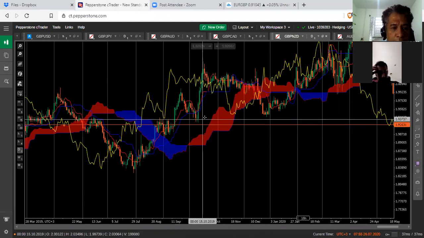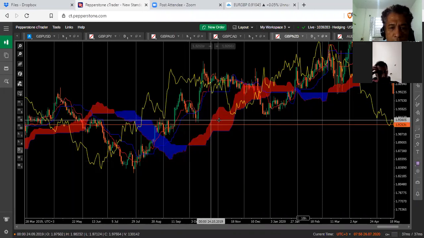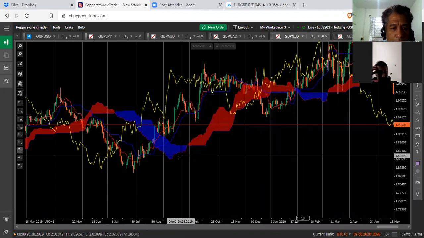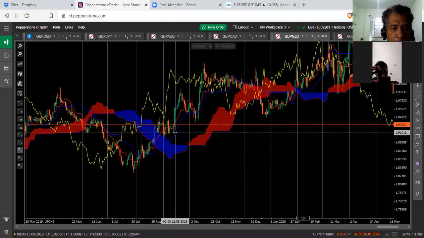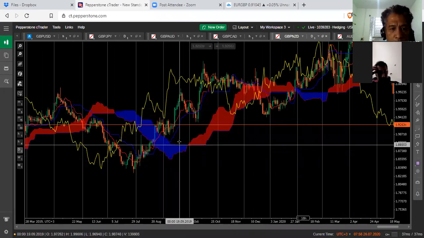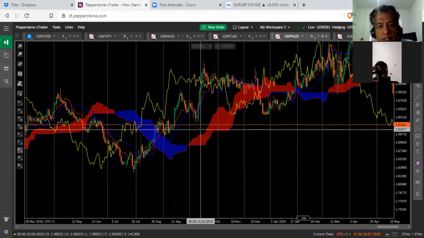Look here, just using the Chikou line, this is a good key level, right? Here, that's a good key level. Looking at the horizontal lines of the Ichimoku, good key levels, because Ichimoku is a dynamic support and resistance, right?